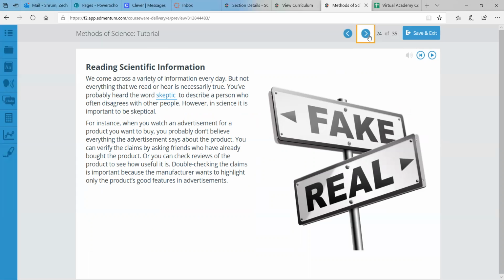So this goes into reading scientific information. And in science, it's good to be skeptical. So don't automatically assume that someone is telling the truth in science just because they're a scientist, right? Or they have some type of authority.